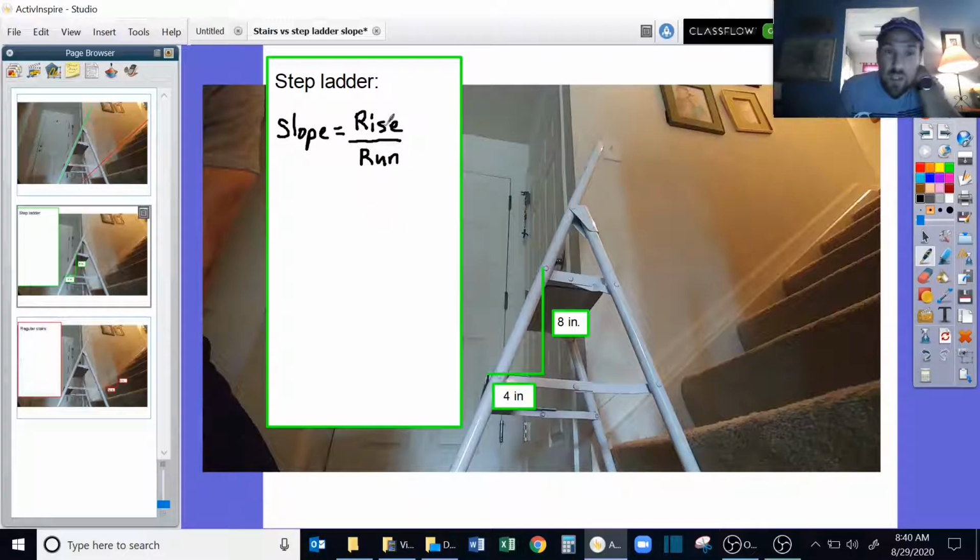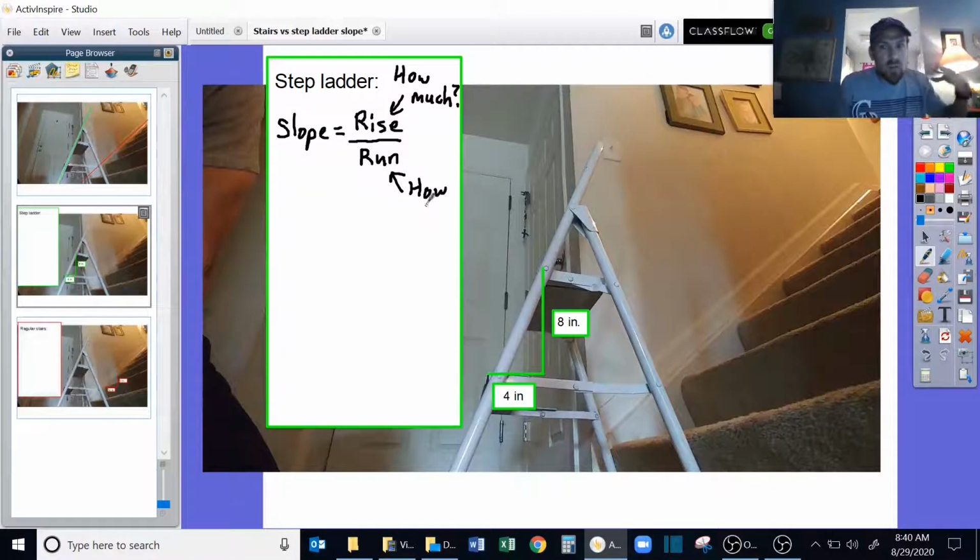So when I think of slope, I think, how much did the stair rise? Then I think, well, how long did it take? Did it take a long time so that it was spread out and slowly rose? How long did it take to make that gain, that rise?